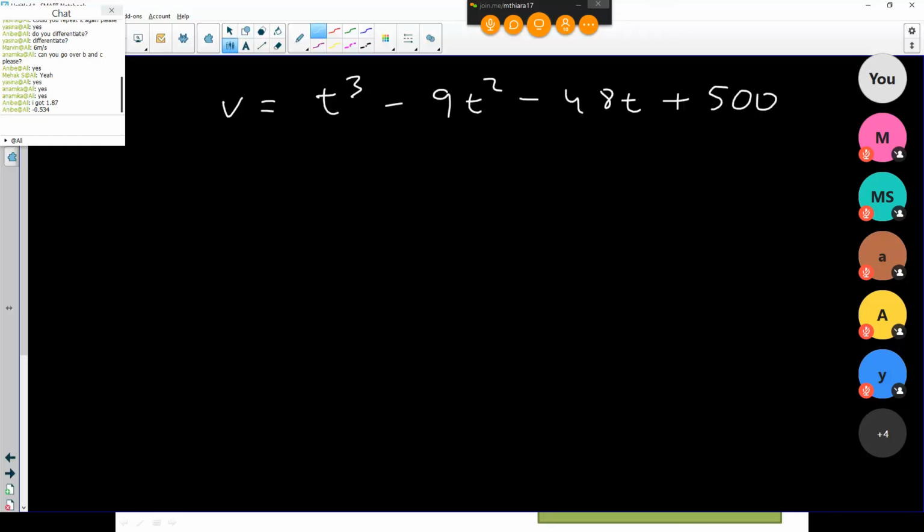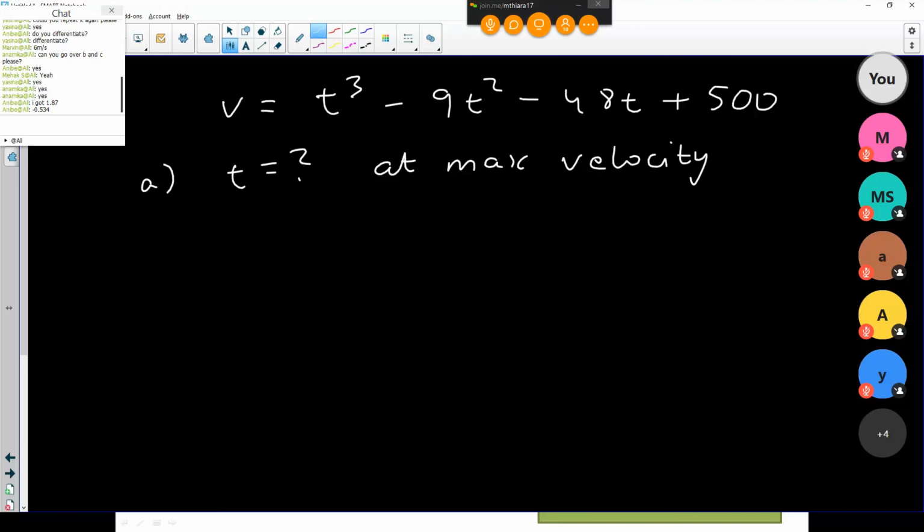For part A, I need to find t equals question mark at maximum velocity. So I need to find the t when we're at maximum velocity.